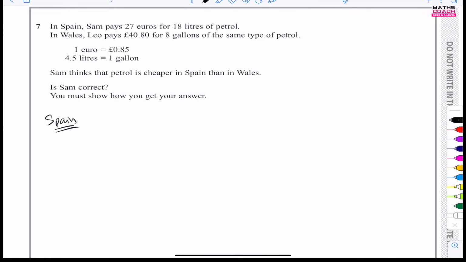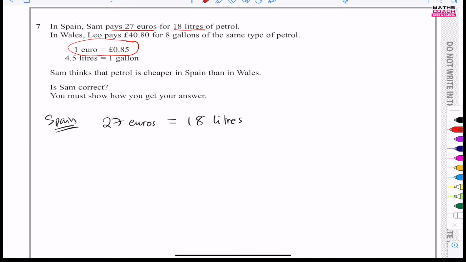Right. So in Spain, we are told that you pay 27 euros for 18 liters of petrol. So 27 euros equates to 18 liters of fuel. Now, I want to go from euros to pounds. So how do I do that? Well, I know that 1 euro is 0.85 pounds.